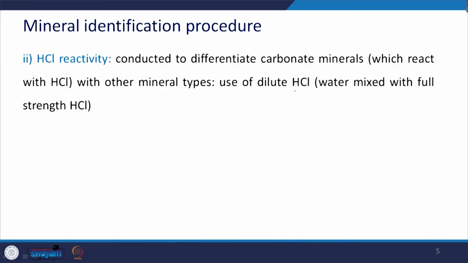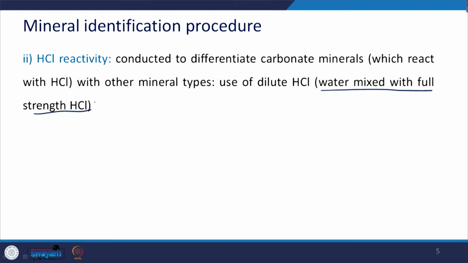Now, the next one is HCl reactivity. When we go to the field, we need to identify the mineral. So what we do is carry, in a bottle, dilute hydrochloric acid. How do we dilute it? Water is mixed with the full strength HCl.